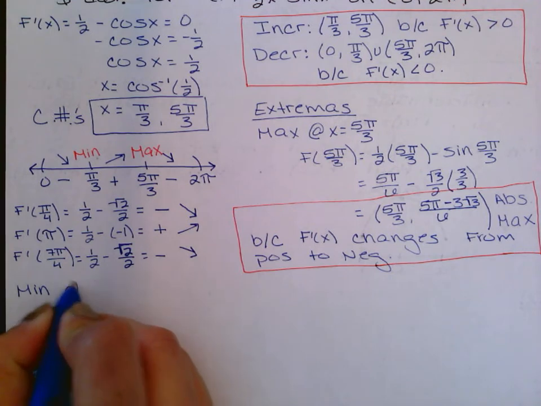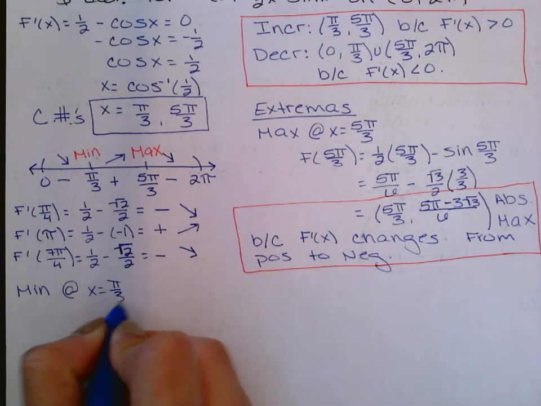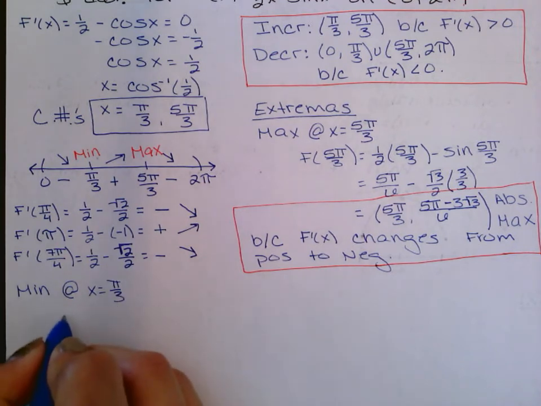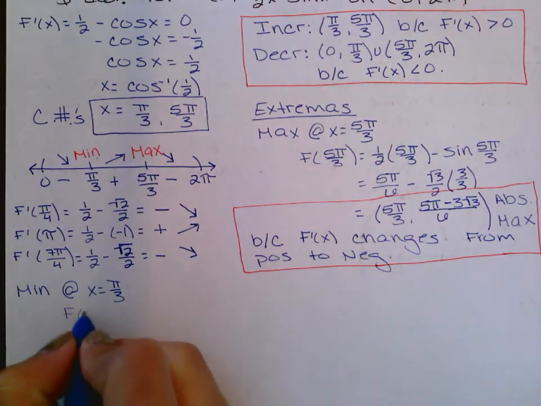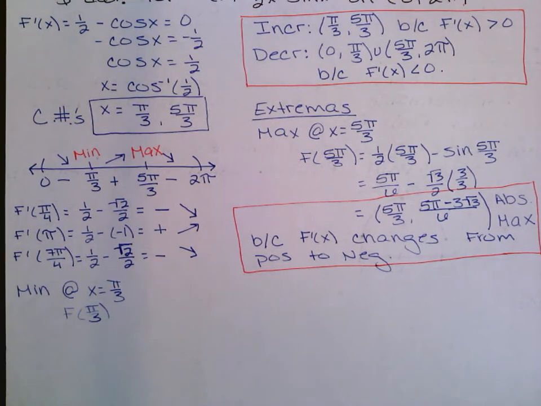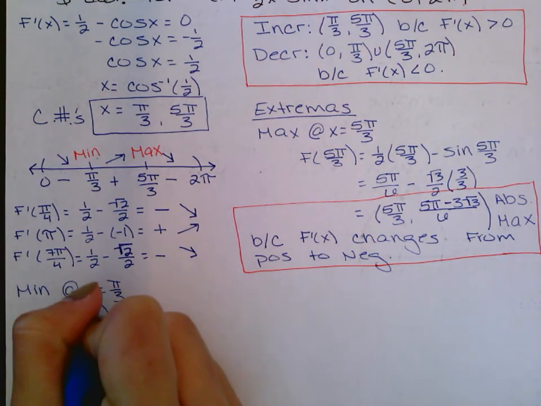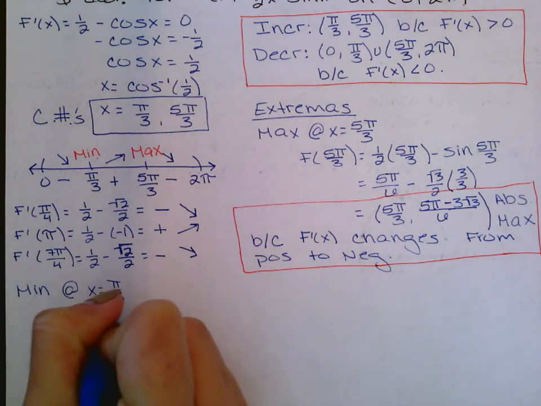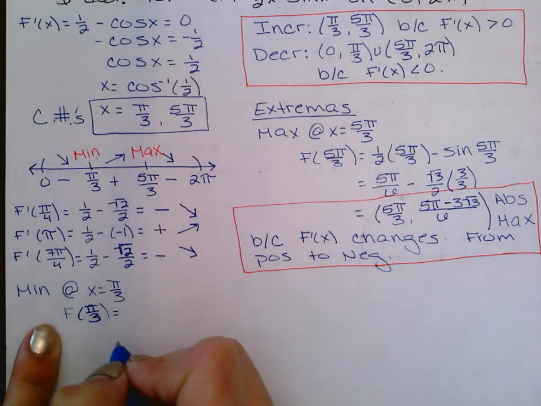My min, we found, is at x equals pi over 3, which means I'm going to have to find f of pi over 3. Sorry about that. My pen seems to be running out. All right. So now, remember, I'm plugging to find values of max and mins.